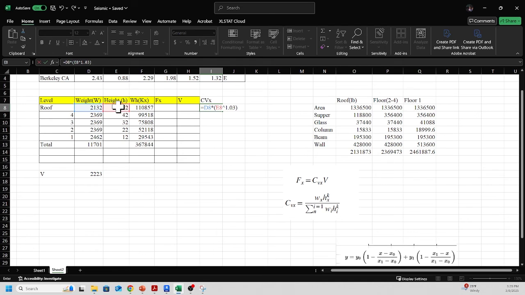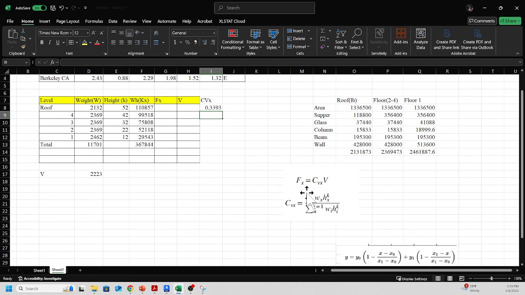Okay, I'm going to put another parenthesis around it here and put one at the beginning also. I have a feeling Excel is not going to be happy with me. And then divide this by the summation, which is right here, and hit enter and cross your fingers. Oh, it came out all right. Okay, so that's our Cvx.